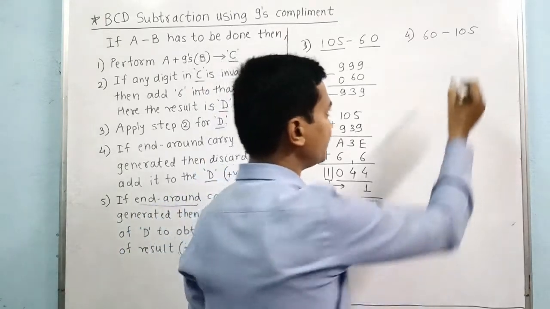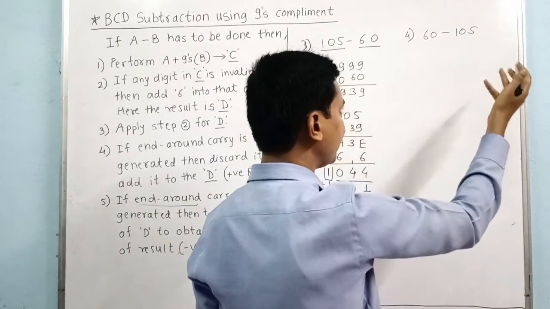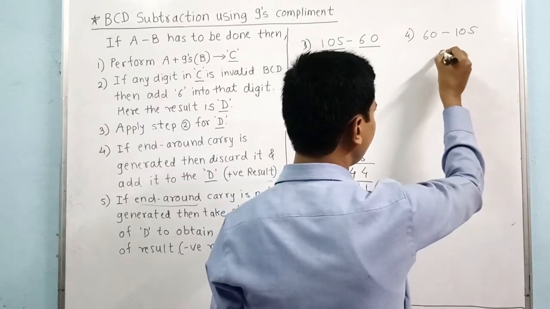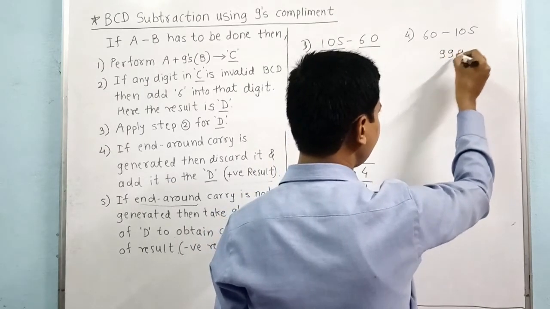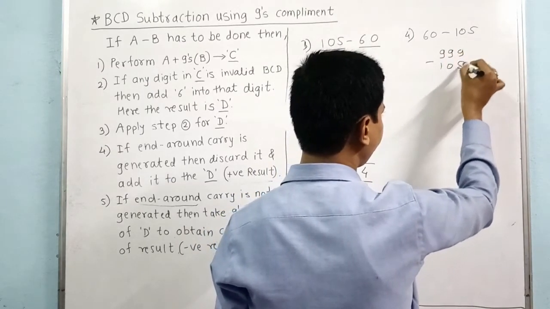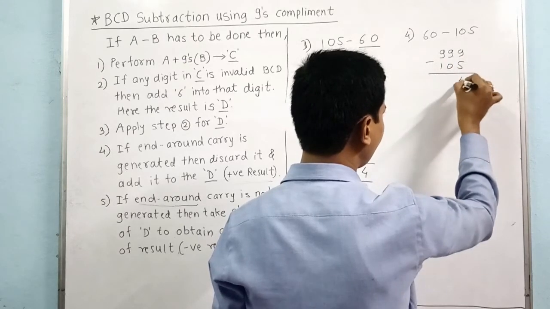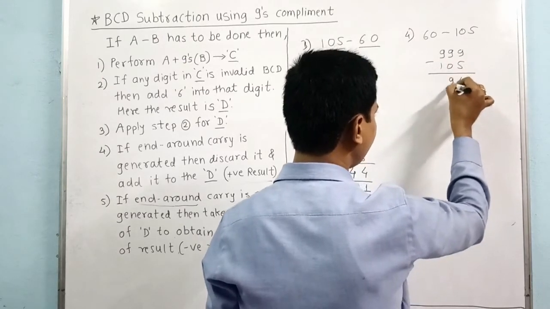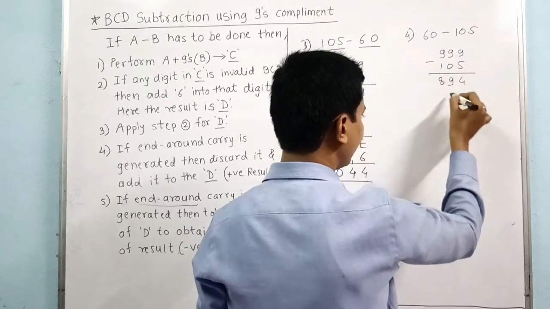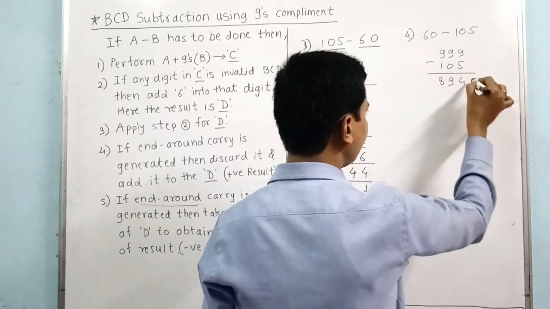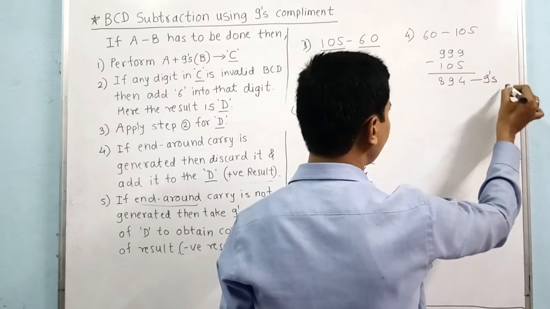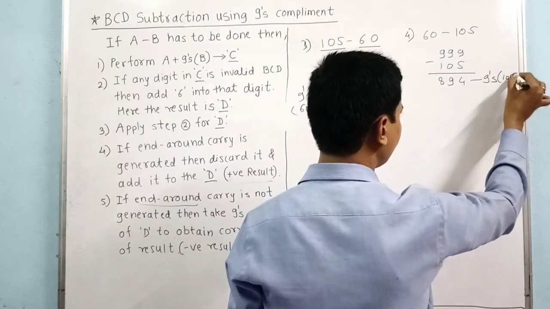Okay, so 105 is already a 3 digit value. So 999 minus 105. Okay, 9 minus 5 is 4, 9 minus 0 is 9, 9 minus 1 is 8. Okay, so this should be added into 60. So this is our 9's complement of 105.